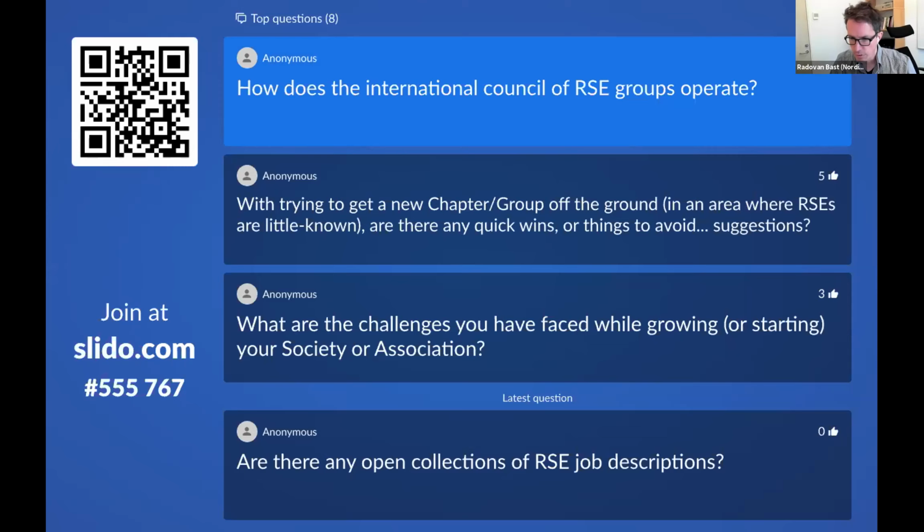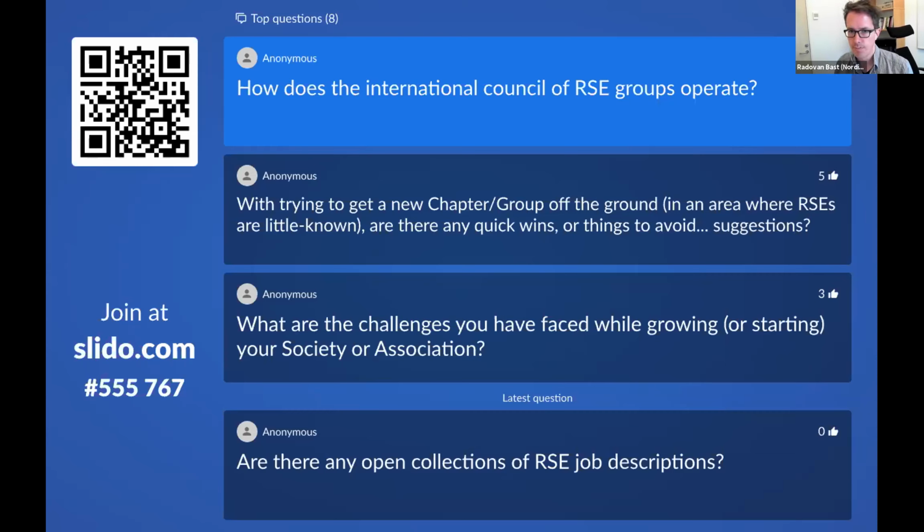Yes, I'm happy to comment on that. So I'm part of the council. And so what is the council? The council is a forum where delegates from different chapters meet. And I think it's actually very similar in the idea to this panel that we're having right now. We need to provide a place where worldwide delegates can meet and exchange.